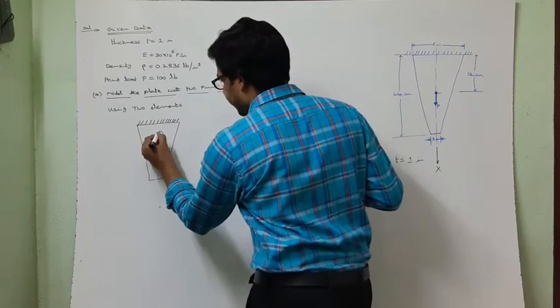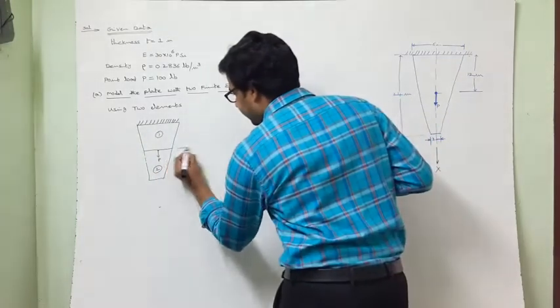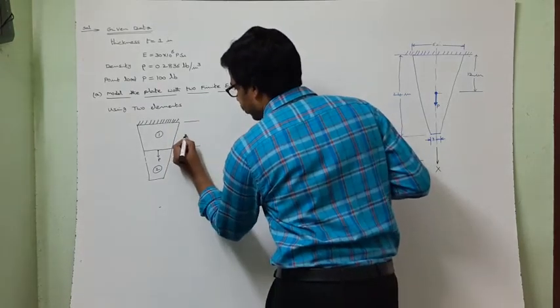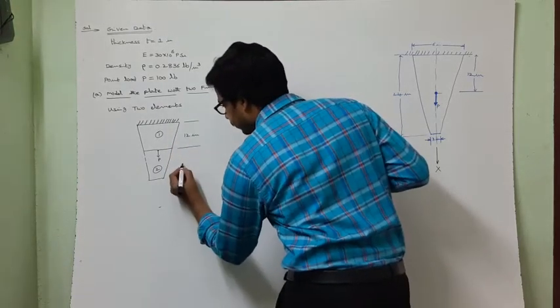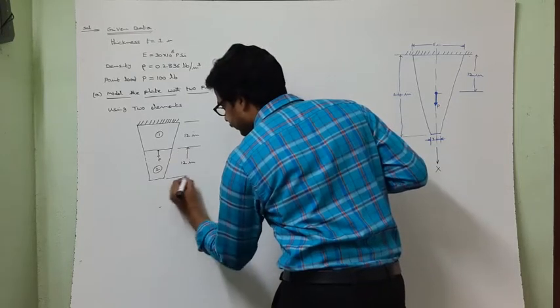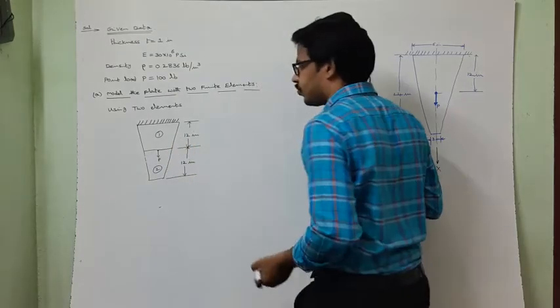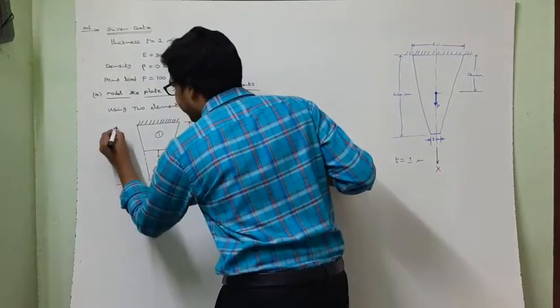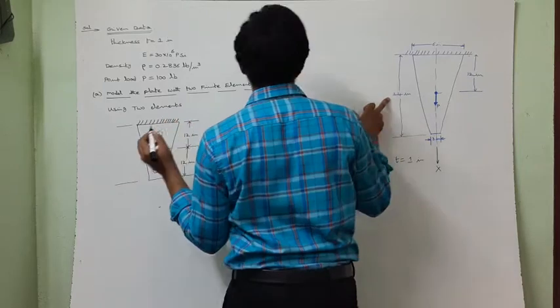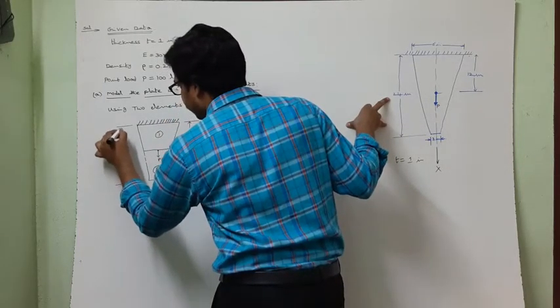So this is the first element and this is the second element. Each element has 12 inch, and the total length of the element given in the problem is 24 inches.